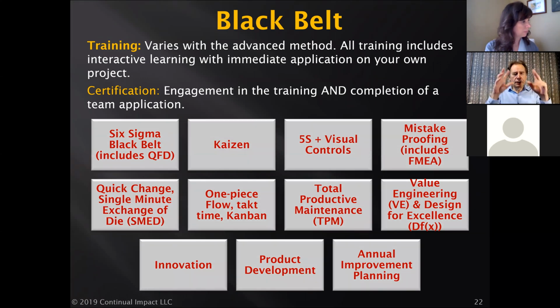What are some of these? I use the term advanced method. There's a variety of them, and they're powerful. Kaizen, rapid process improvement. Things like 5S, significantly reducing search time, whether in information processes or physical processes. Mistake proofing, I mean, you can read these.